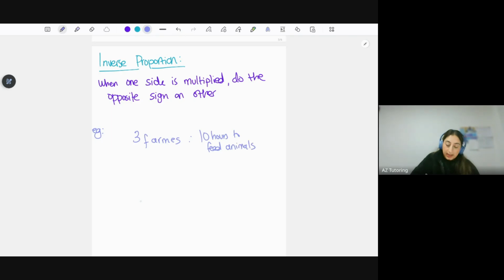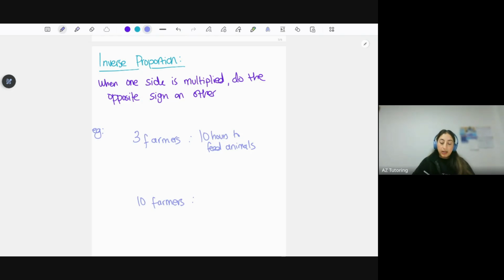How long will it take 10 farmers? You have to think, imagine you're on a farm, the fewer farmers you have, the longer it's going to take to feed like 100 sheep. But if you have more farmers, you're going to get it done quicker, so it's going to take less time to feed the sheep. So this is where inverse proportion comes into play.